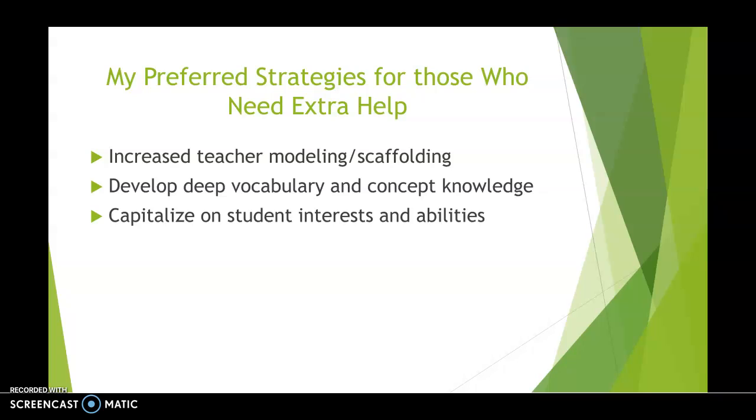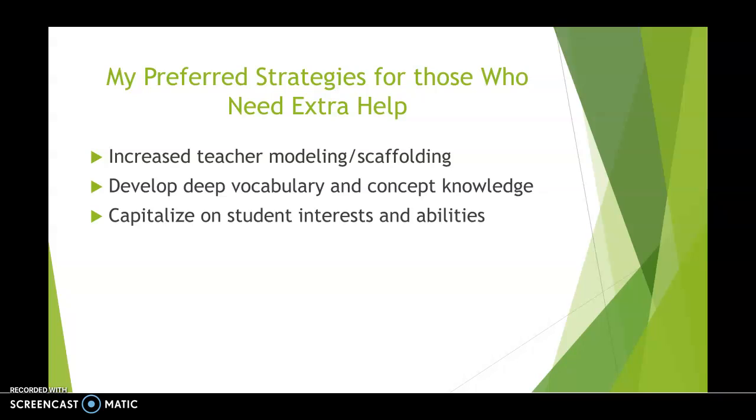And for fourth graders, this is astounding to me. 70% of reading comprehension problems is directly related to the lack of vocabulary knowledge. So that is why I want to develop deep vocabulary and concept knowledge. And this will directly aid their reading comprehension.